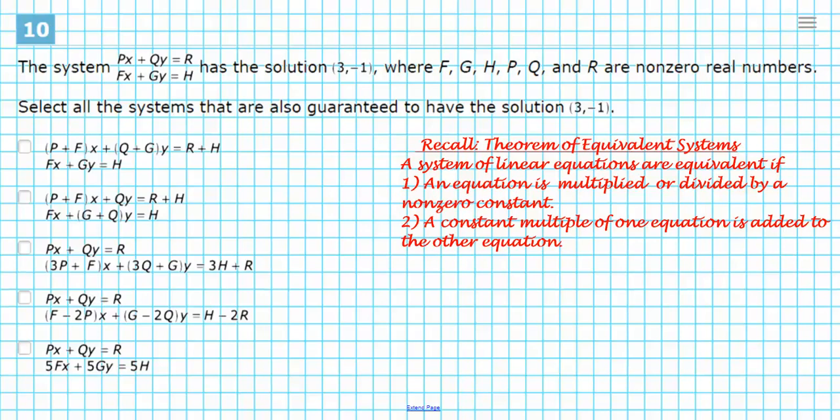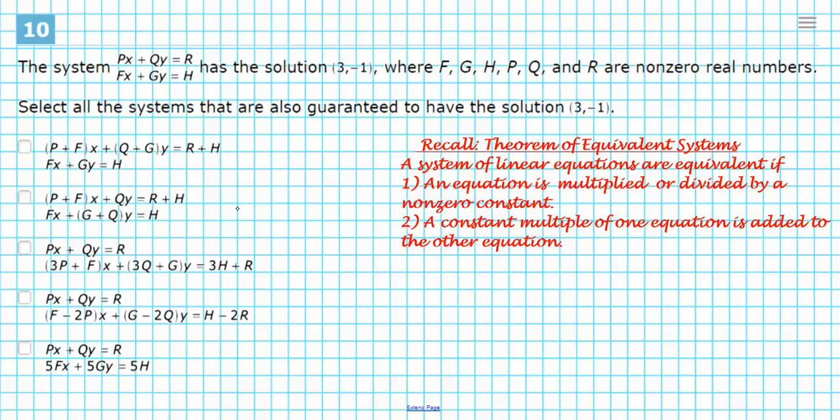So any kind of linear combination of the two after being multiplied by a constant will generate an equivalent system. So what we're going to do is see which of these are equivalent systems. Remember, we can only multiply the entire equation by a constant and add to another equation in order to generate an equivalent system.